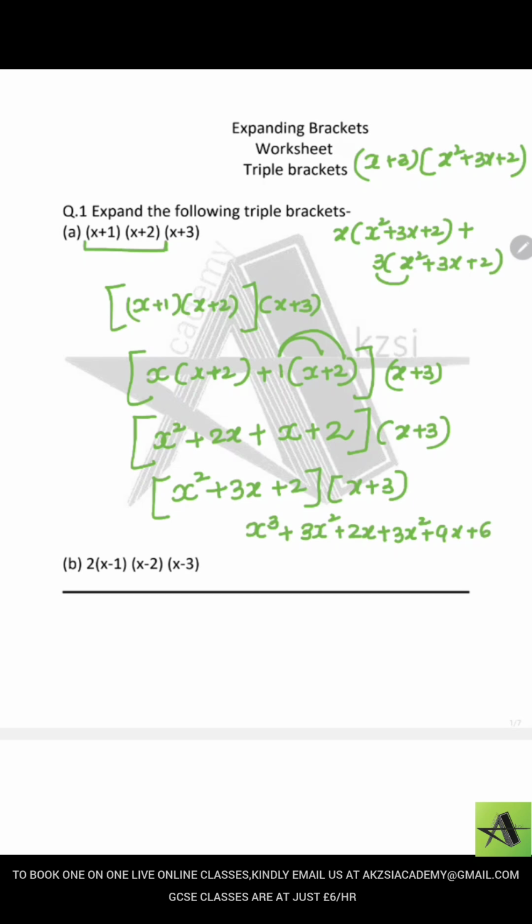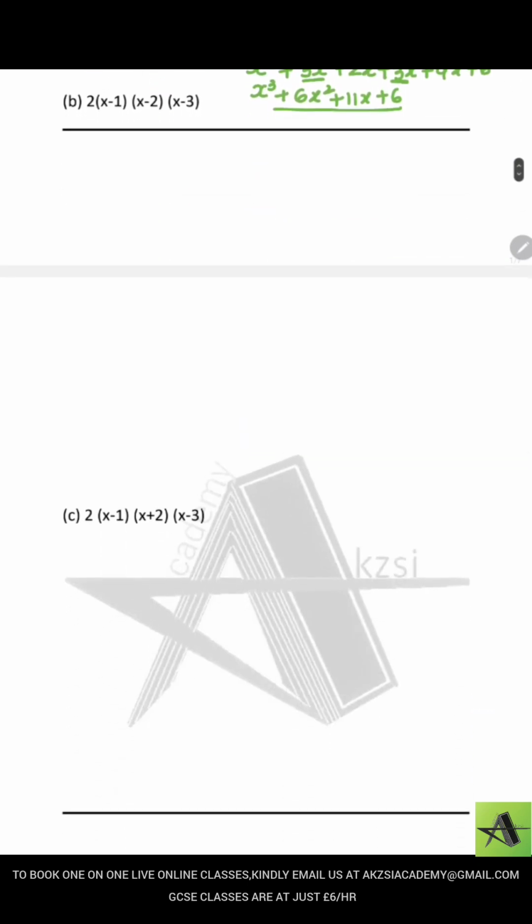And finally, simplifying all of them together, it will be x cubed plus 3x squared plus 3x squared, which is 6x squared. 9x plus 2x is 11x plus 6. This is the final answer. Moving on to the next question.